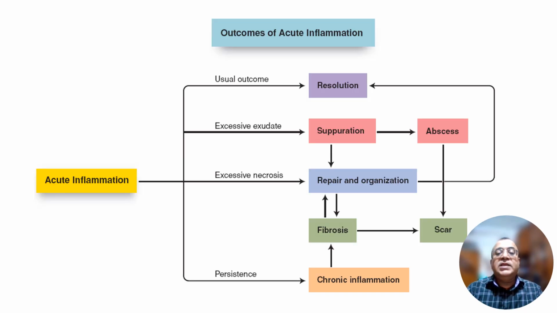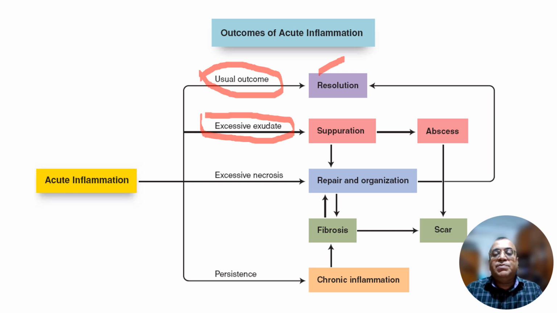Acute inflammation has many outcomes, such as resolution, which is the usual outcome of acute inflammation. There can be excessive exudation. The exudate is present in excess amount, which will lead to suppuration and the development of an abscess, or this abscess can result in the formation of a scar if there is extensive injury.